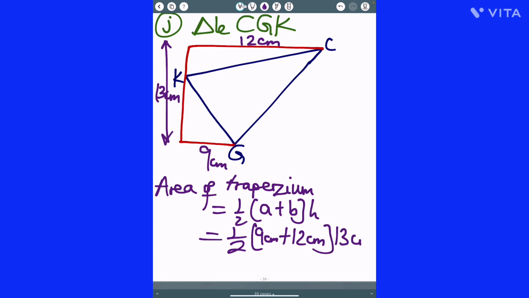Vertical height, 13 centimeters. That gives you 1/2 times 21 centimeters times 13 centimeters. That's 136.5 centimeters squared. Let's keep that as the area of our trapezium.